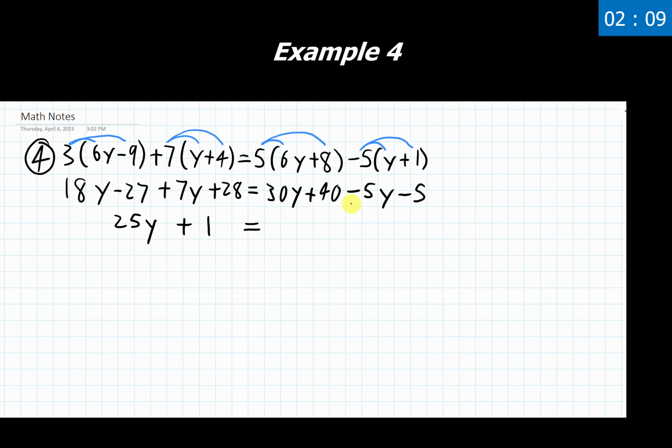It's a small little thing that tends to get people as they're going through these problems. Then otherwise I'm just combining like terms, combining my y's together for 25y, and combining my constants together to get 35y. Fantastic.